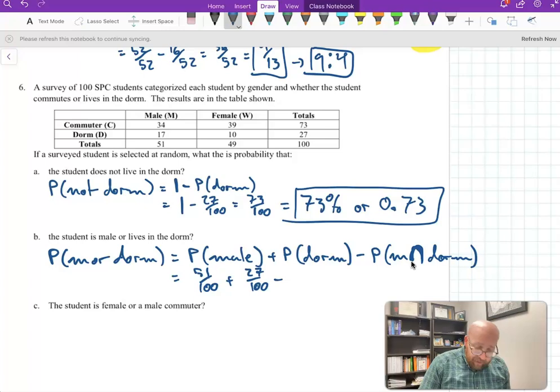This is my intersection symbol. And the total number of males that are in the dorm is 17. Well, 27 minus 17 is 10, so 51 plus 10 is going to be 61. So we have 61 out of 100, which is equal to 0.61, or 61%.